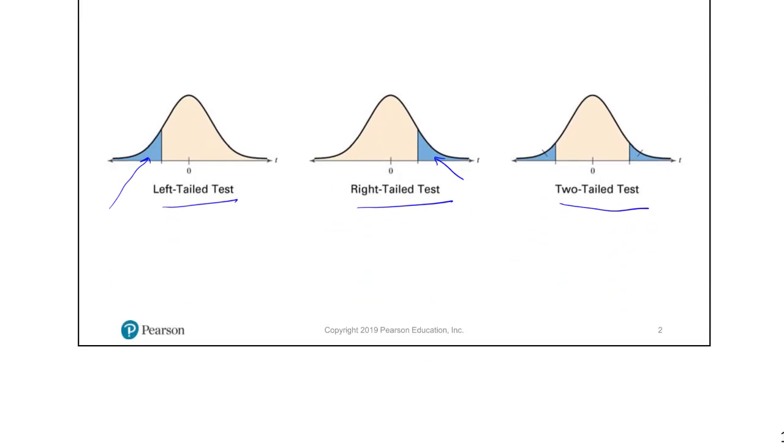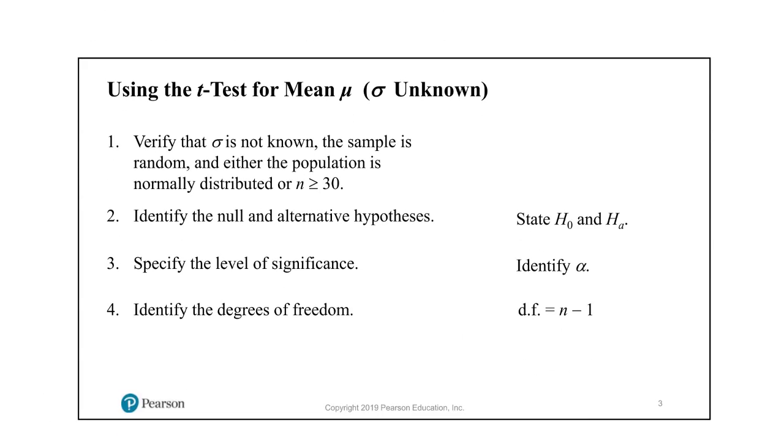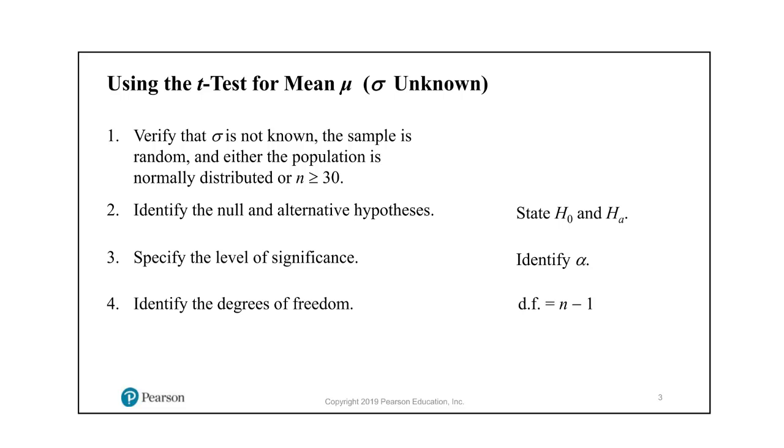So let's take a look at how this would all be carried out. Again, it's going to be very similar to what we were looking at in the z-test, with the exception of using the t-distribution. All right, so we would verify that sigma is not known. If it were known, we'd be using the z-test. The sample is random, and either the population is normally distributed or the sample size is at least 30.